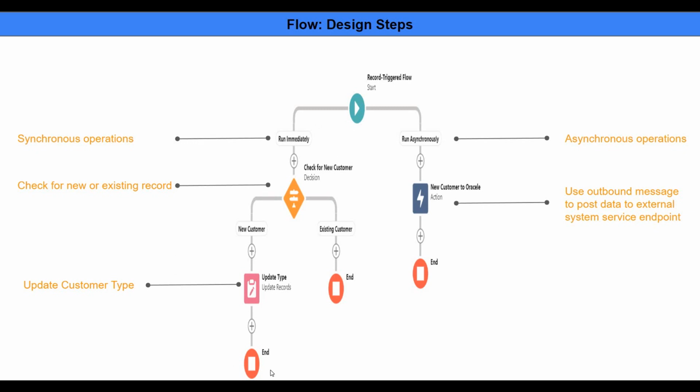Once this is completed, Salesforce will automatically pick up the list of steps configured inside the run asynchronously branch and start executing. So once this is done, Salesforce will automatically switch and start using this outbound message to post the data to the external service endpoint. So this is what we're going to configure in the flow.